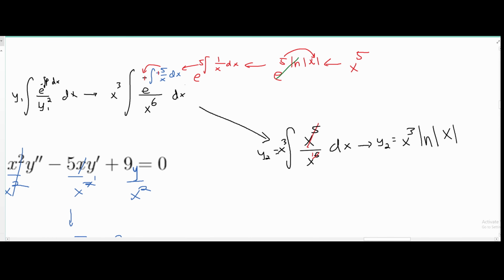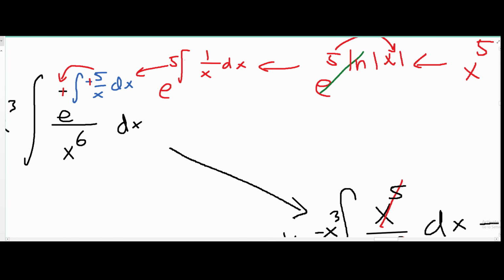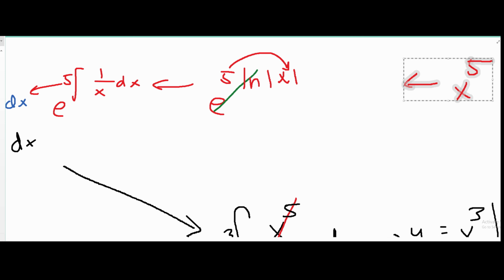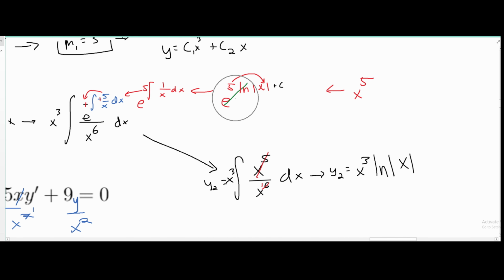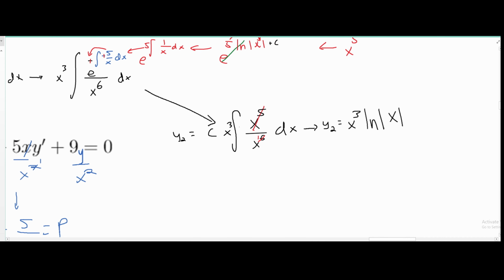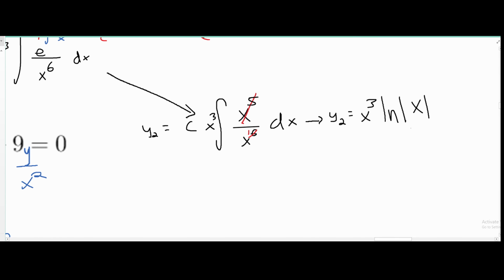If we wanted to include the constants, technically, when we take the integral of this part, we're given a constant. So we have to have a plus c in here. But e to the c value is just c, and that c is moved out front here. So we're just going to have c out front with our x cubed. And then when we take the integral of this inner part, we're going to have another c. So we have plus c2. And this will be in parentheses because we have this c1 out here.